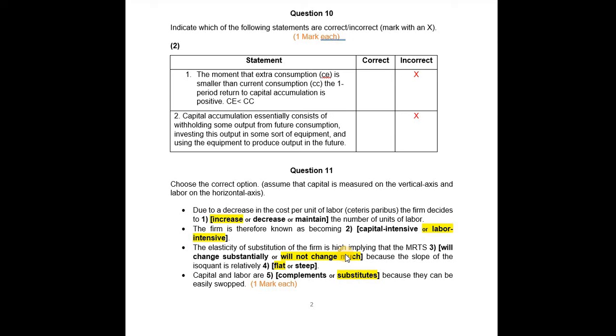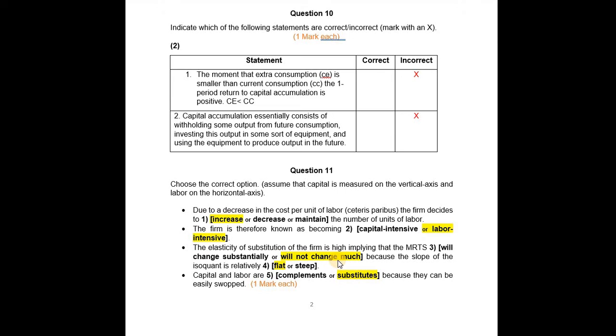Okay, so the slope will not change much because remember the slope of this graph equals the MRTS, which in this case is the change in capital over change in labor.